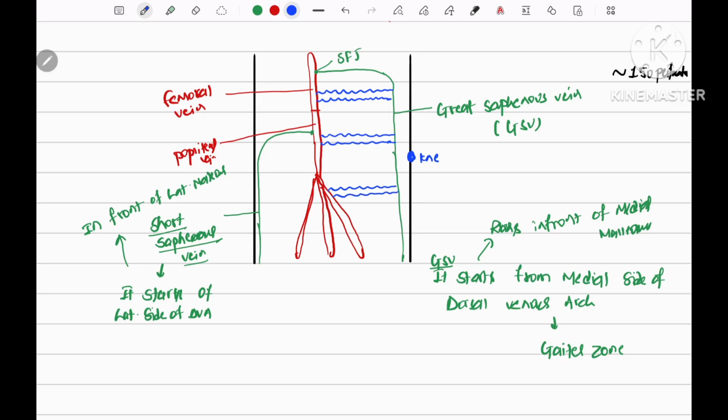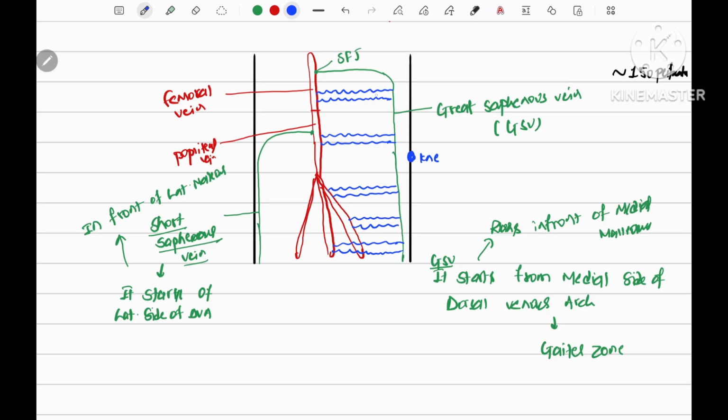Now one is the lower leg perforator, and another is the ankle perforator. So there are five perforators which we have to know.